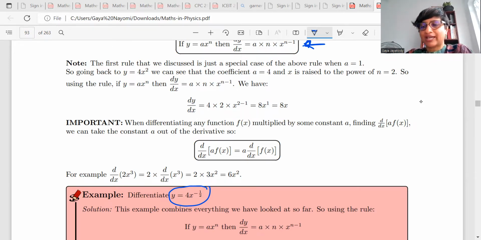Minus 2x to the power of... Is it half? You have minus half, and you have to subtract 1. What is minus half minus 1? That's right.